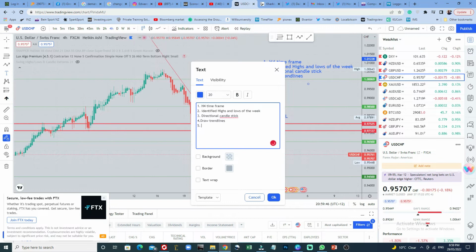Five, draw psychological levels. And six, entry on the 15 minutes time frame.